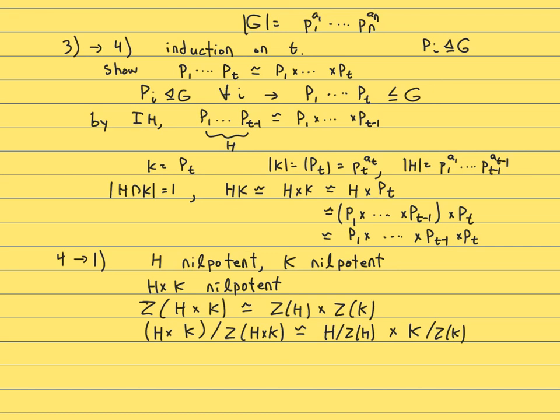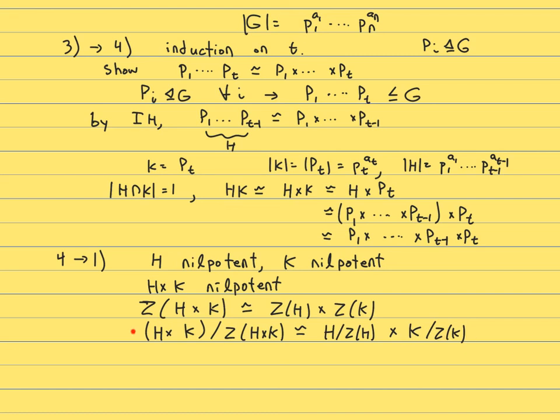Then if that's true, you can try using induction on the fact that this is nilpotent and this is nilpotent. If H and K are nilpotent, then these two groups are nilpotent, and so by induction this product is nilpotent, and use that to build the upper central series for HK.